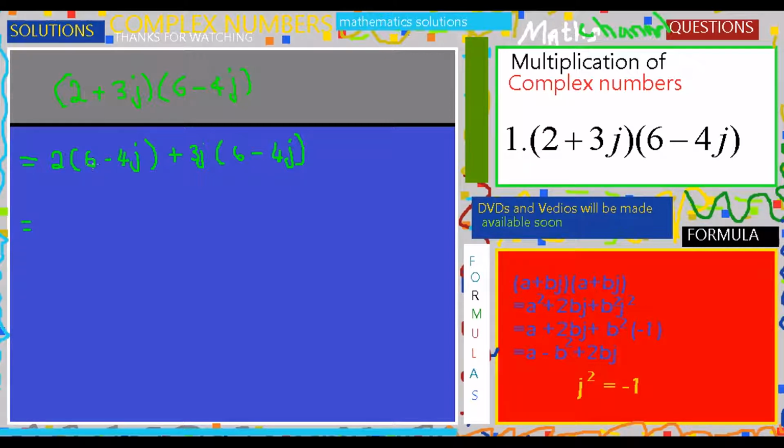You'll first multiply 2 times 6, 2 times -4, and then 3 times 6, 3 times -4, and then you will combine the like terms.